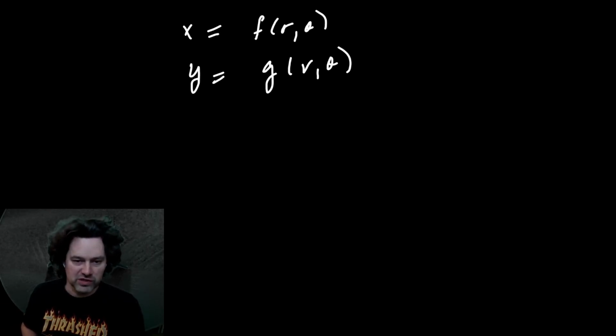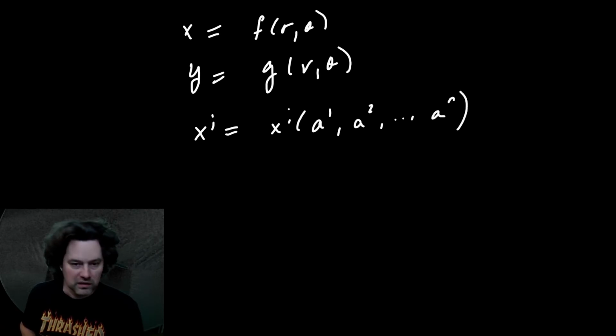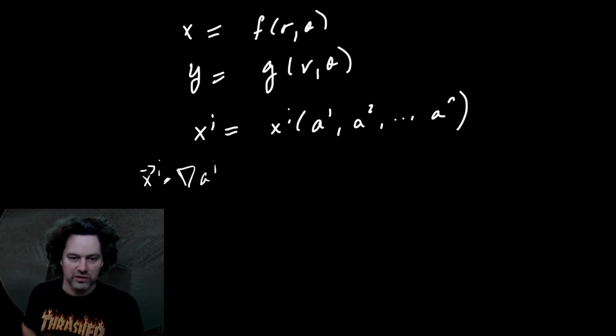So specifically, let's say we have a number of coordinates, and each of these coordinates is a function of each of our parameters. So we want to compute the reciprocal frame vectors as the gradients of each of these parameters.